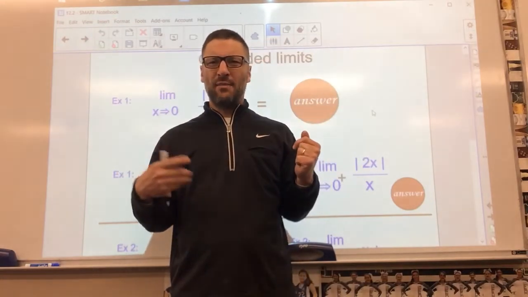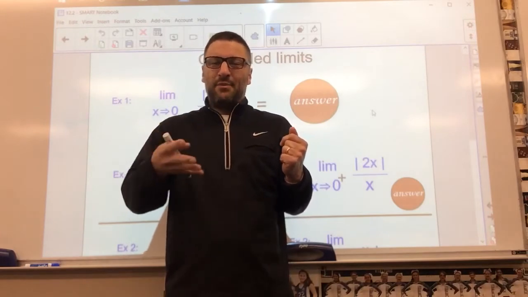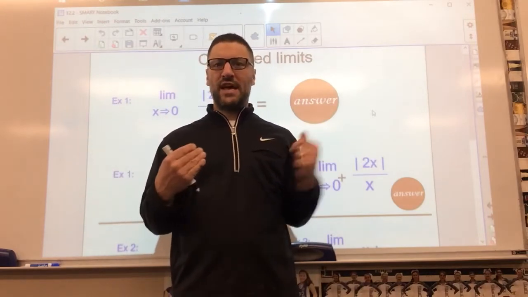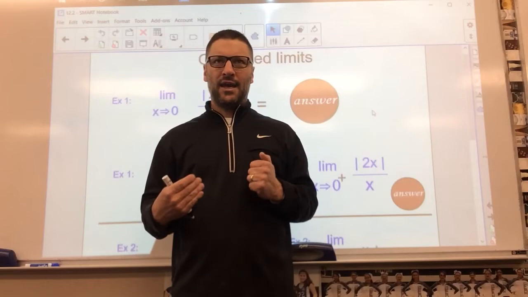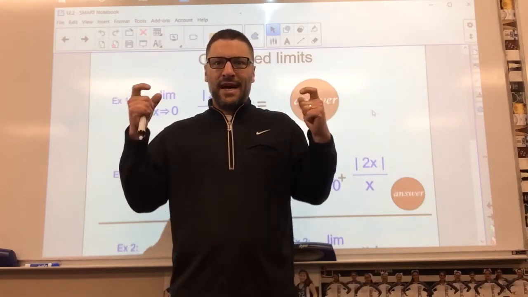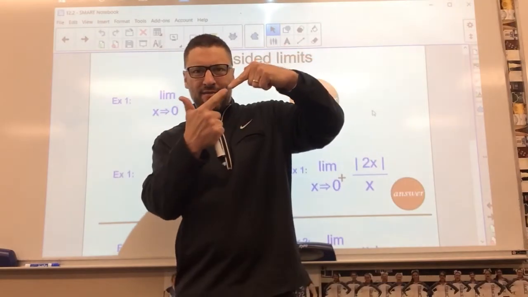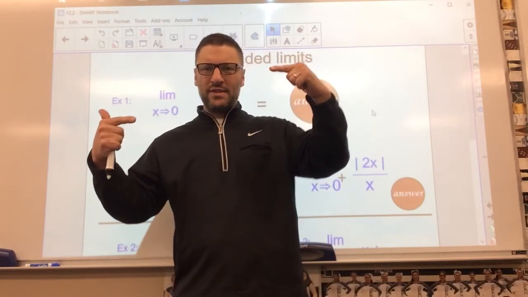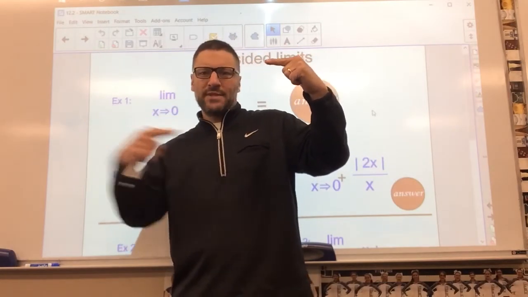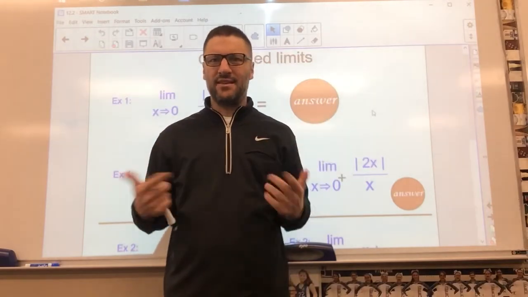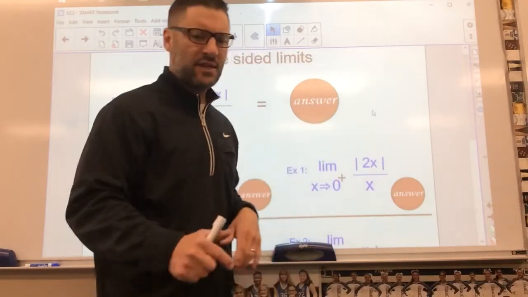So we talk about what's happening in the graph coming in from one side or coming in from the other. The point itself does not have a limit. But the one-sided limit is, okay, it doesn't have a limit, but what's happening on this side and what's happening on this side? That's really the overriding concept here.